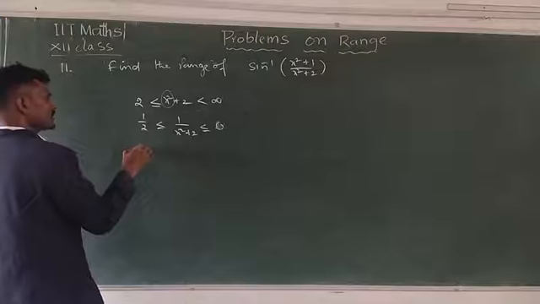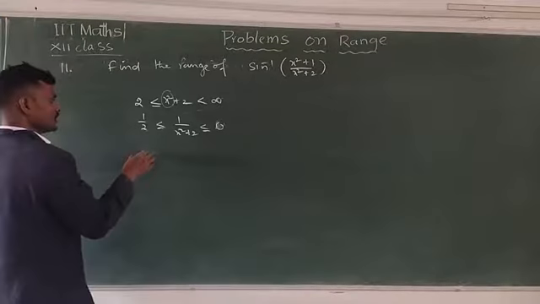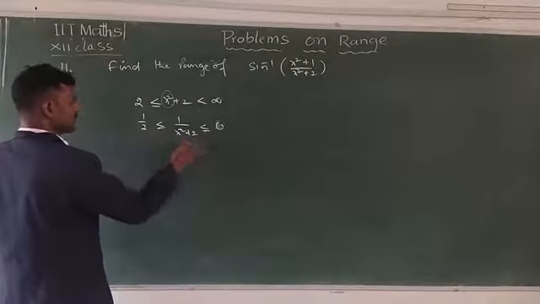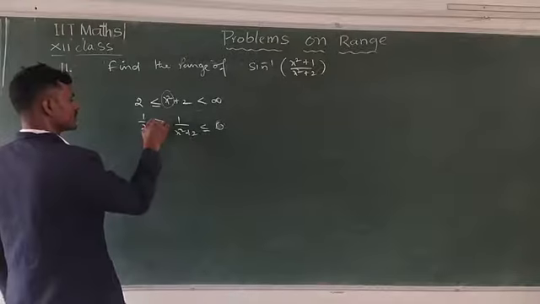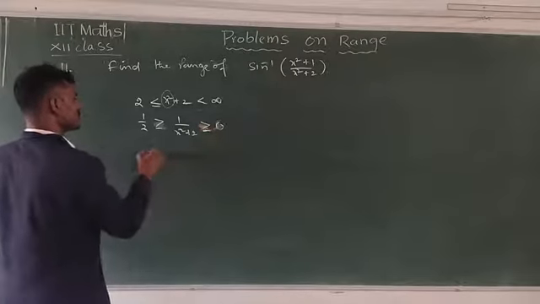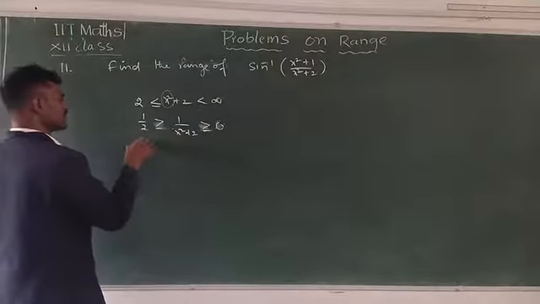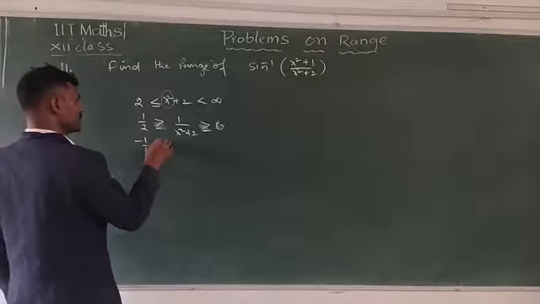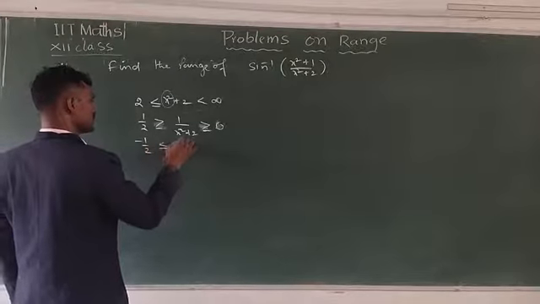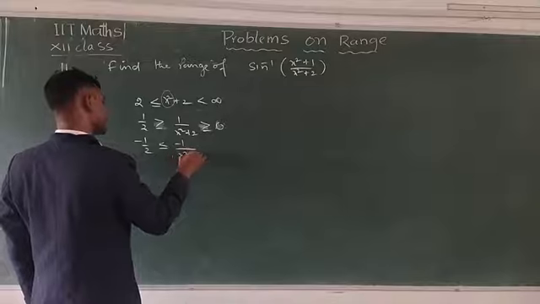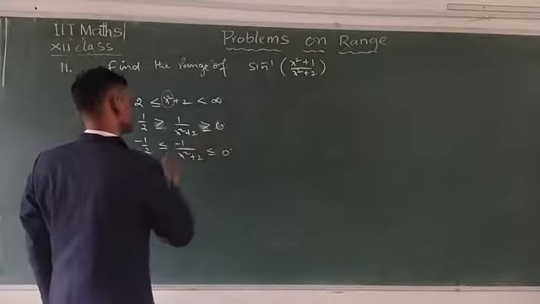Okay. Now see here. Now what will I do? I will multiply with minus. Sorry, after multiplying the sign also changes. Now I will multiply with minus, then minus 1 by 2 is less than or equal to minus 1 by x square plus 2, which is less than or equal to 0.